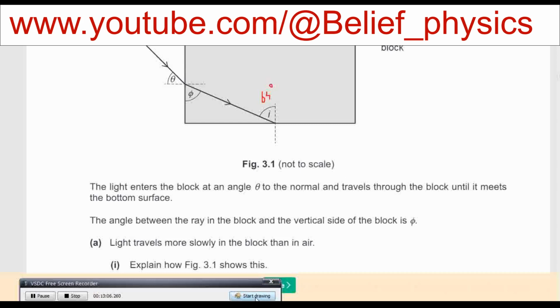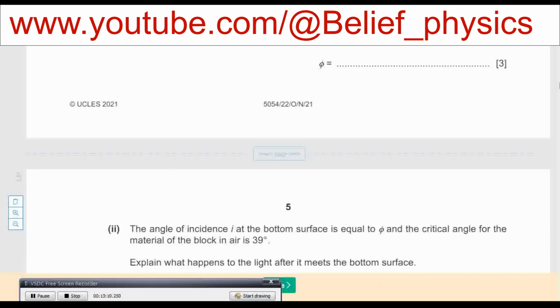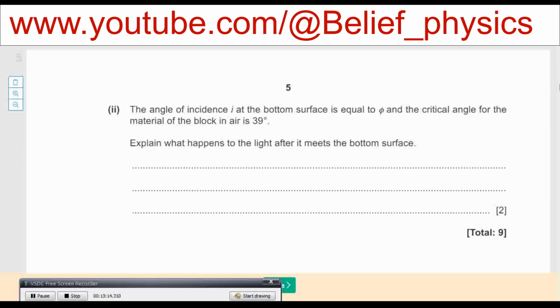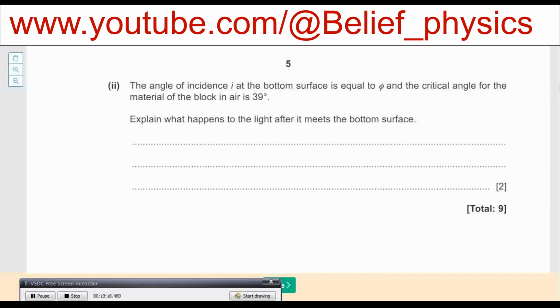So when the angle of incidence is greater than the critical angle, then we have the phenomenon of total internal reflection.